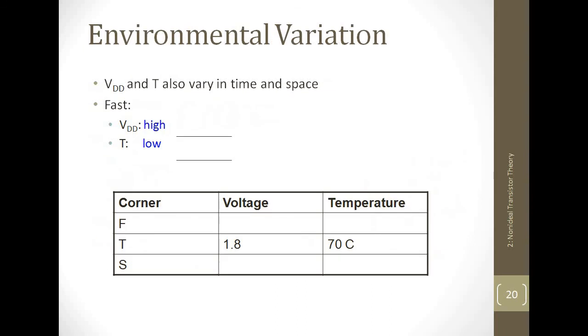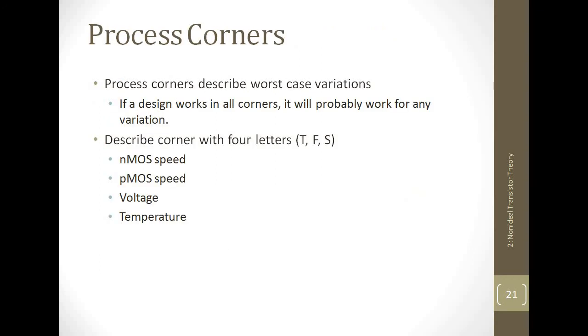You can see here the environmental variation: VDD and temperature T also vary in time and space. If VDD is high, the temperature will be low. Look at the voltage 1.98 at temperature 0 degrees, voltage 1.8 at 70 degrees, and voltage 1.62 at 125 degrees.